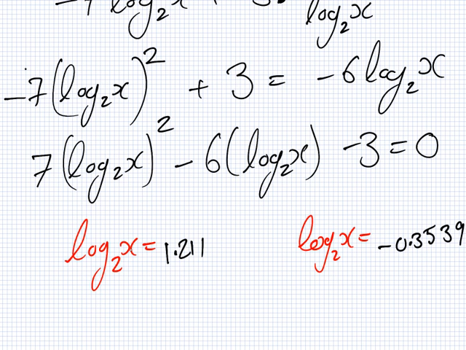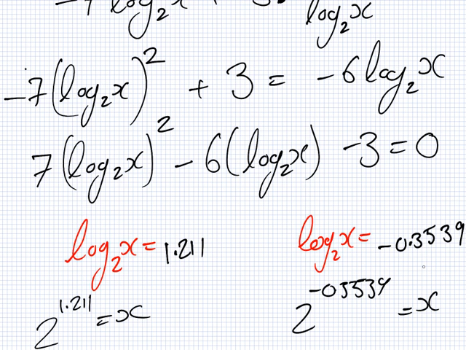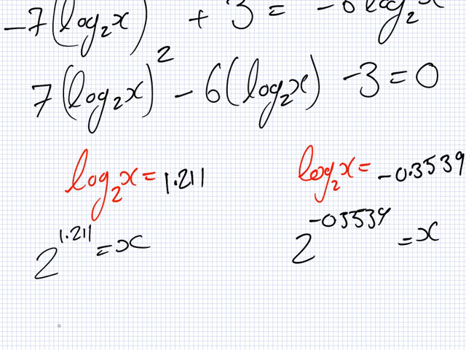2 to what power makes x? Well, 2 to the power of 1.211 is supposed to make x. 2 to what power makes x? Well, 2 to the power of minus 0.3539, that's supposed to make x. So you get x equals 2 power 1.211.